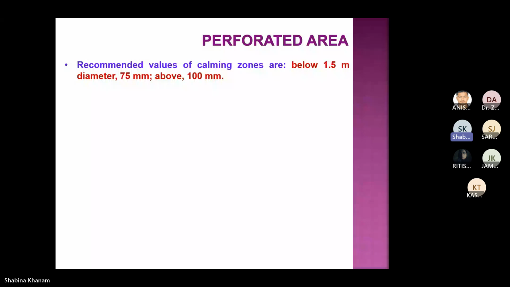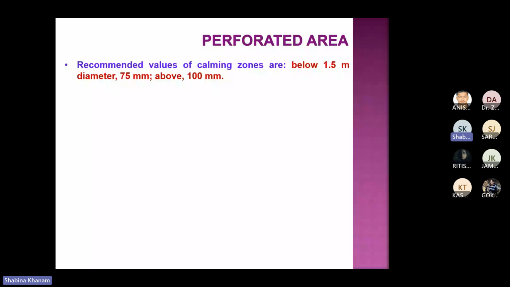So before starting today's class, let me revise the content which we have covered in the last class. We discussed each step required to complete the design of a distillation column. A day before yesterday, we saw the different steps involved in plate design, and from yesterday's class we started exploring each step.